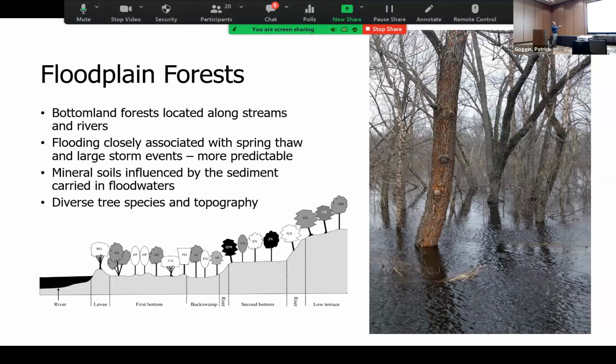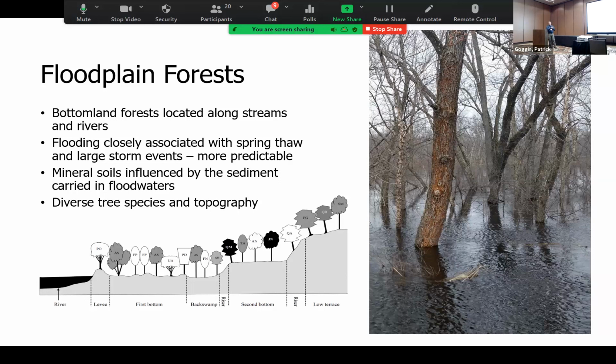This diagram you see at the bottom indicates some of the common definitions we use in floodplain bottom topography. For instance, the levee, where the fastest water course is right next to the river, deposits those larger grained sands, and so you get kind of a mound.